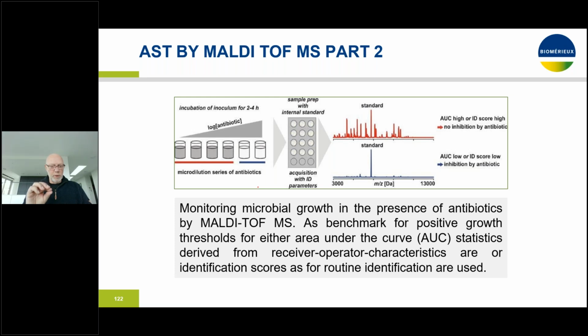And this is important because, like I said before, higher levels of resistance may require a somewhat more aggressive antimicrobial therapy. So quantitative AST by MALDI-TOF is possible, but this is where I want to put another two question marks. First, Marina talked about the antibiotic hydrolysis this morning.